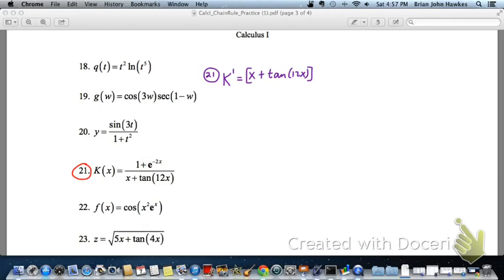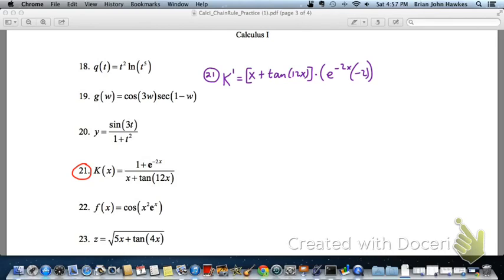And then multiplied by the d high. So the derivative of the numerator would be the derivative of 1, which is 0. The derivative of e to the negative 2x is e to the negative 2x multiplied by the derivative of negative 2x, which is negative 2. Okay, so that takes care of that part. That's the low d high.